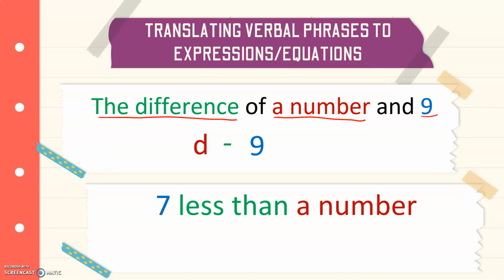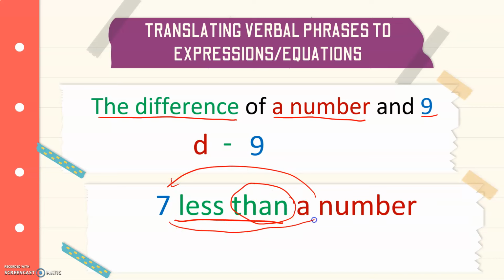Next, 7 less than a number. You have here the keyword less than. Less than is for subtraction, and you also have here than, so that means we'll have to interchange the position of our numbers. For less than, that is subtraction. Then we will write a number first, which in this case I used g to represent that number.